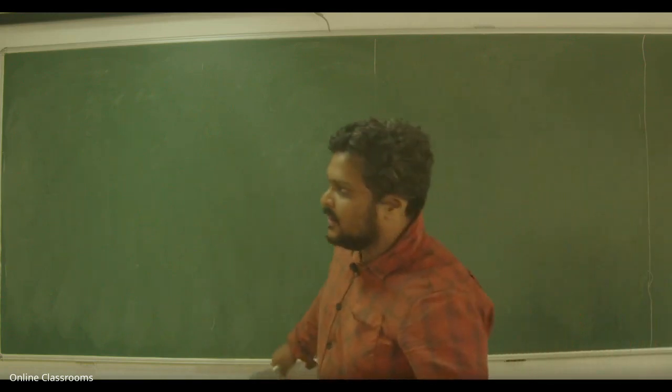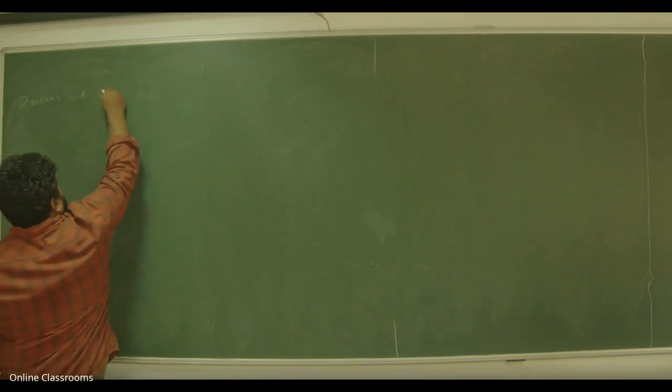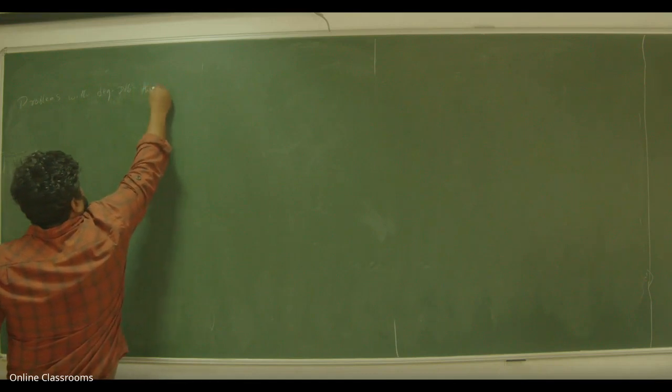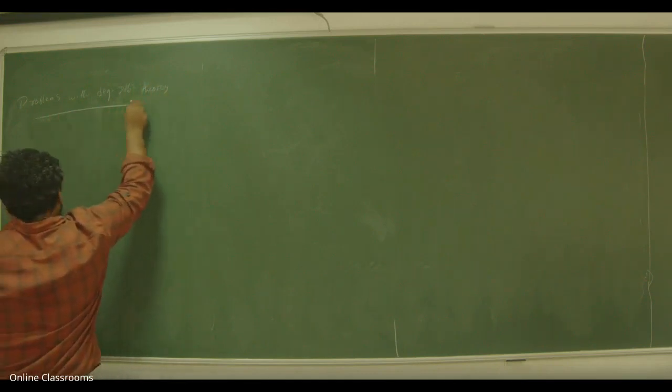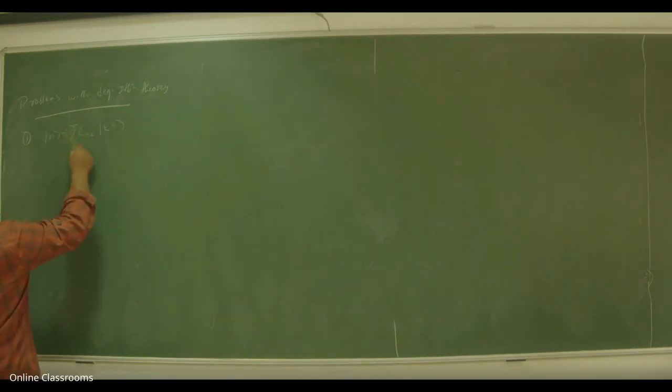So let me write down once more the problems. The first problem is when I write this expansion, which is some sum over k of Cnk k0, right? This is the expansion I'm trying to do.